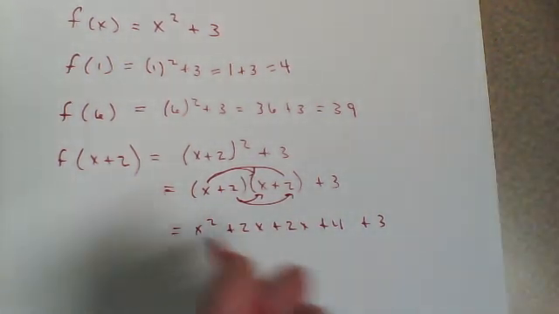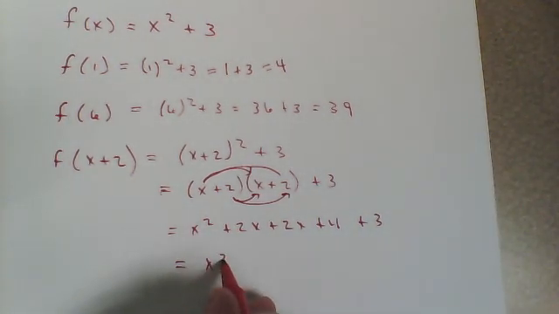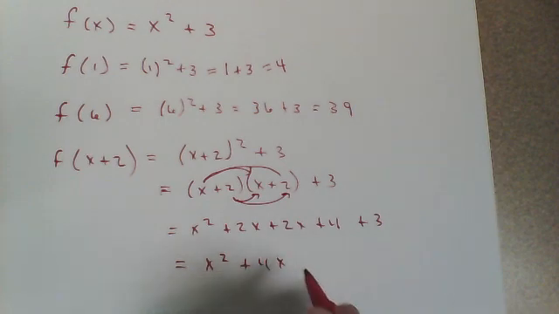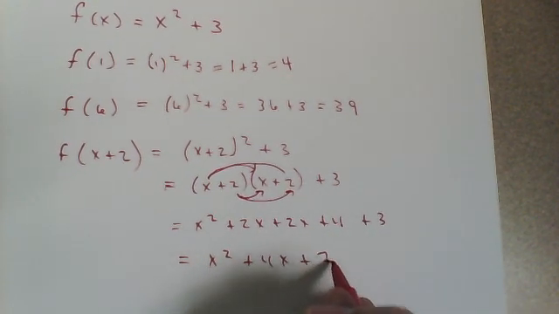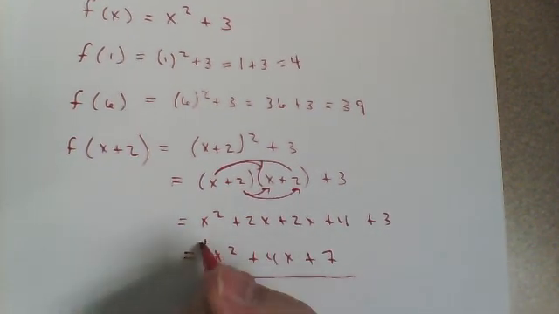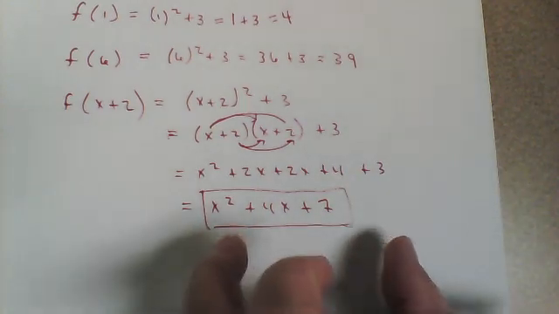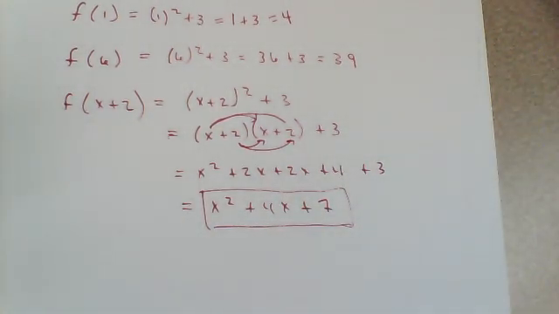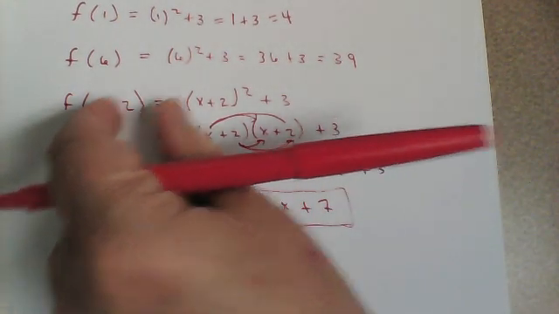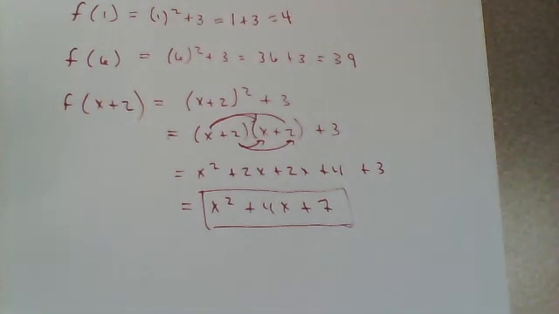And then we're going to combine our like terms. And we get x squared plus 4x plus 7. This is your answer. This is your evaluation. Just because you didn't get a number doesn't mean we didn't evaluate. We figured out what that equation would be when x plus 2 is our input value of x.